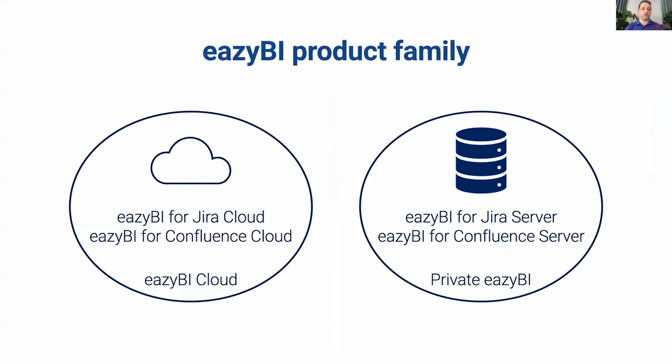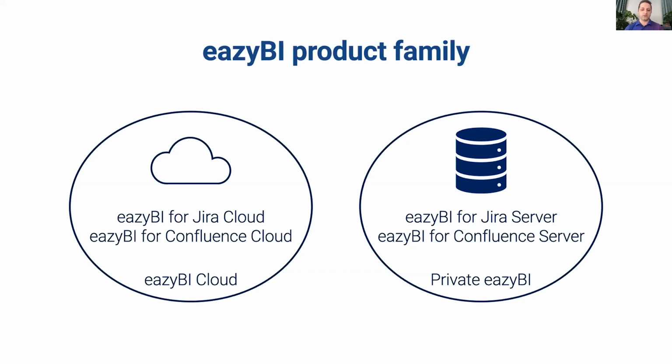They're almost the same if we are looking at available features, but there are differences in details like user authentication, connection to data sources, and the configuration options. Basically, server versions are eazyBI Cloud, but packed as a Jira or Confluence application.